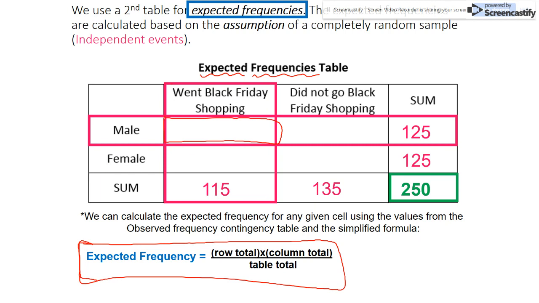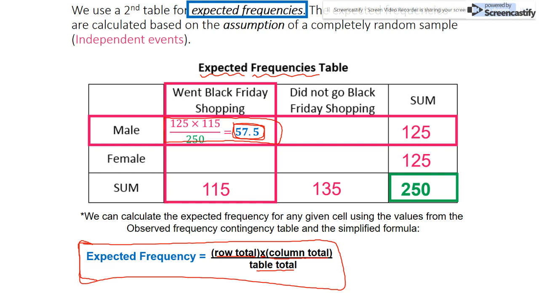So notice that formula down here, it says row total times the column total divided by the table total. So that calculation gets me 57.5, and that is the expected number of people based on my total data that I would expect to have gone shopping and be male on Black Friday.